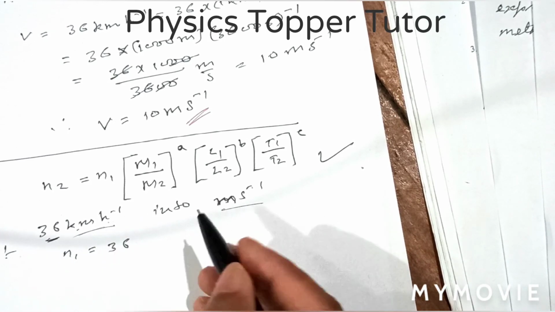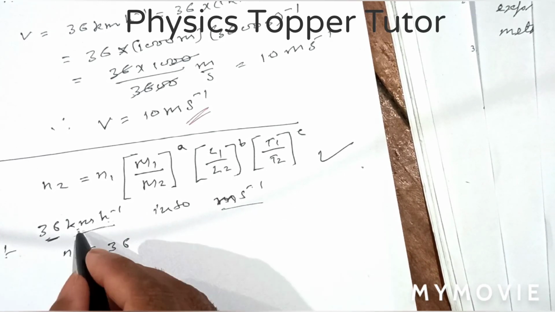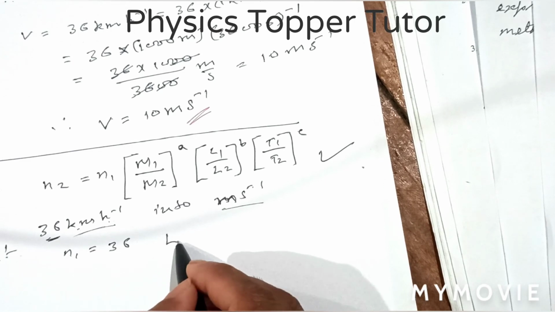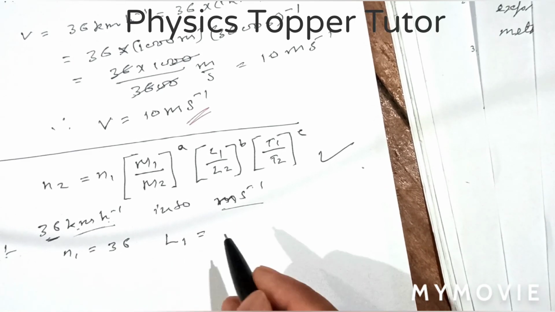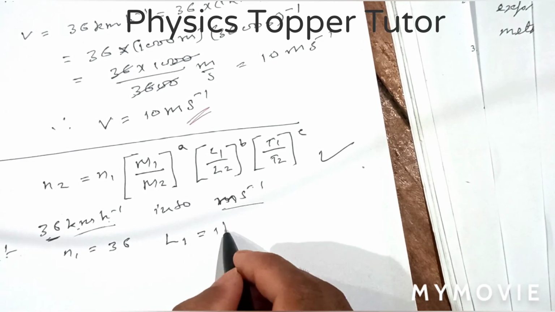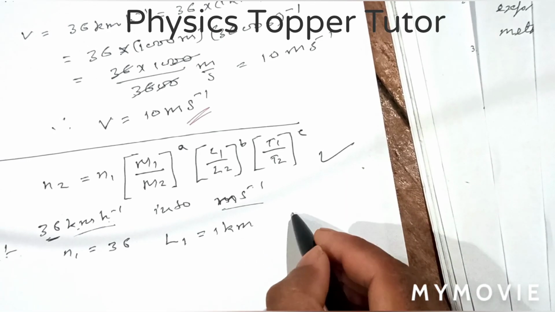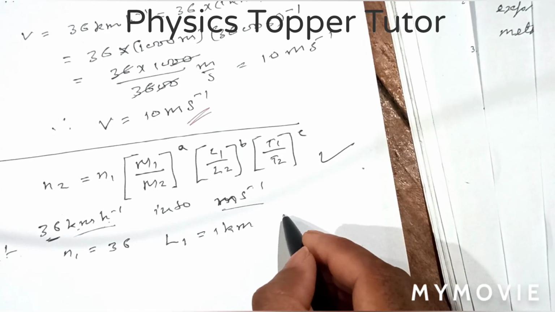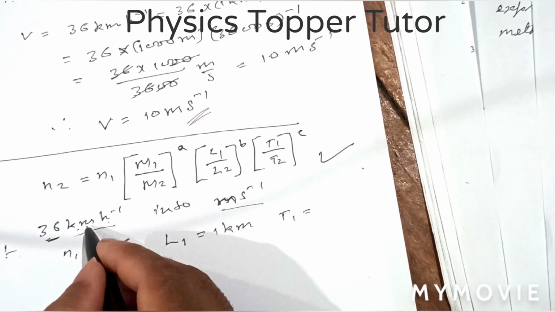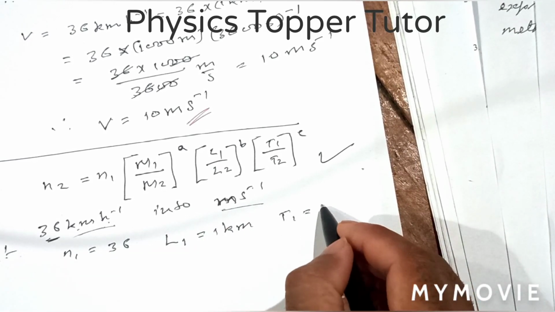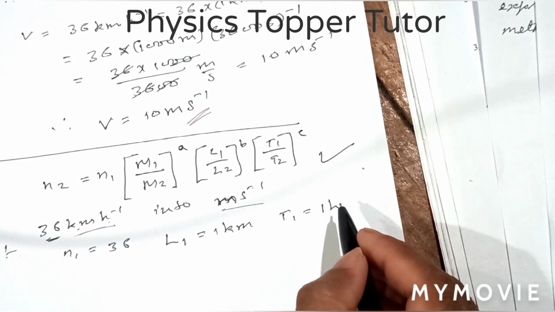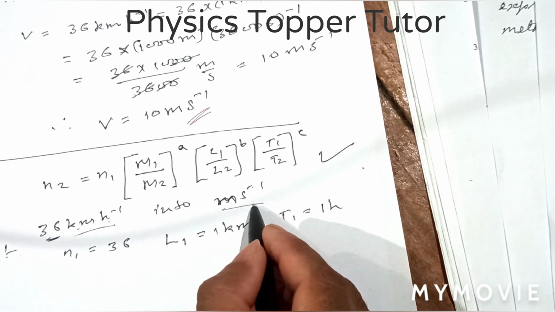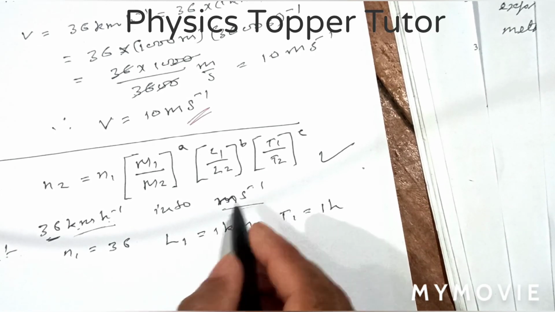There is no mass, so we don't have M. So let's take L1 equal to 1 kilometer, the bigger value, and T1, the bigger value of time, 1 hour. And what about the unknown quantity for the smaller unit?